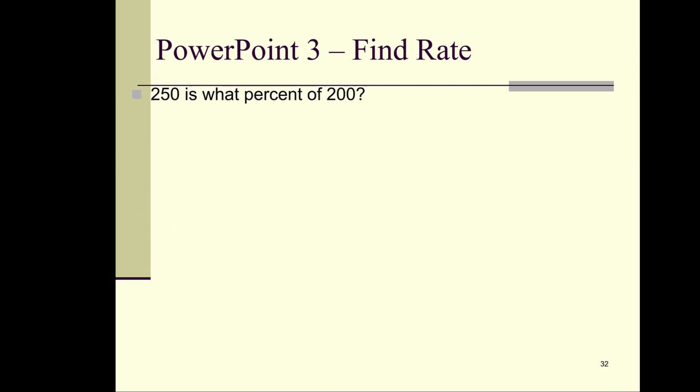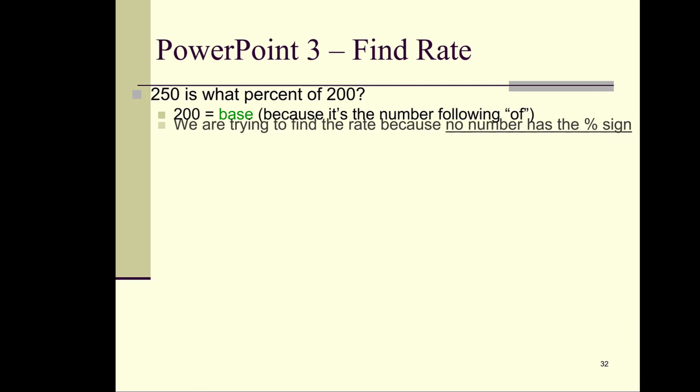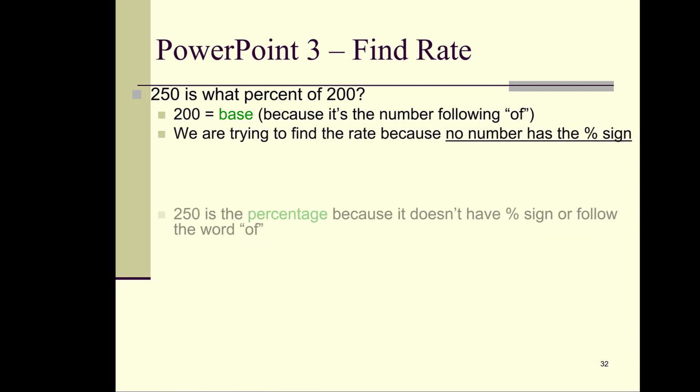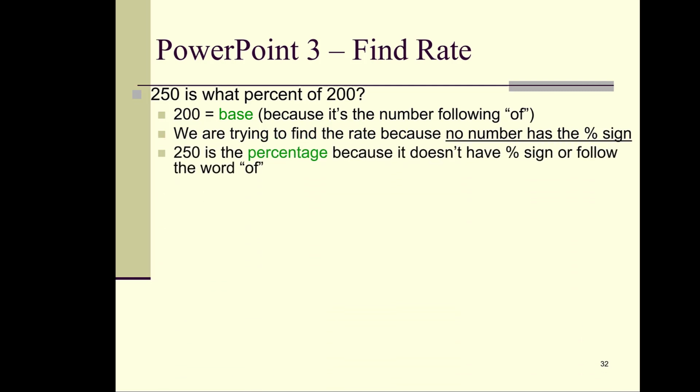Let's try another one. 250 is what percent of 200? Well, 200 is the base because it's the number that follows the word of. We're trying to find the percent because no number has a percent sign. Therefore, 250 must be the percentage. We'll plug those numbers into the formula.